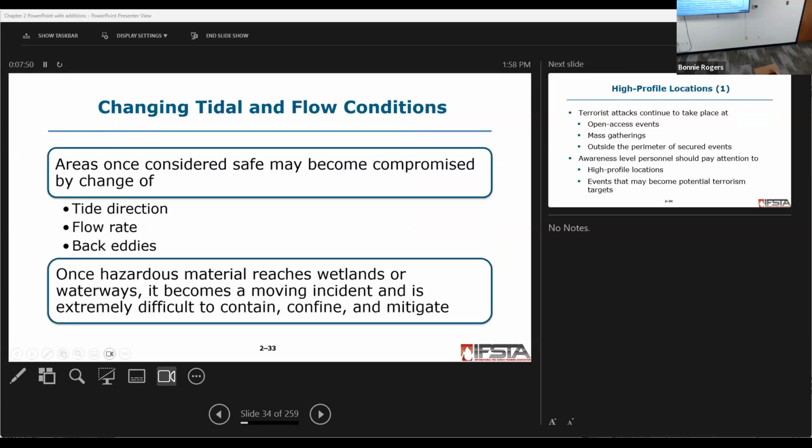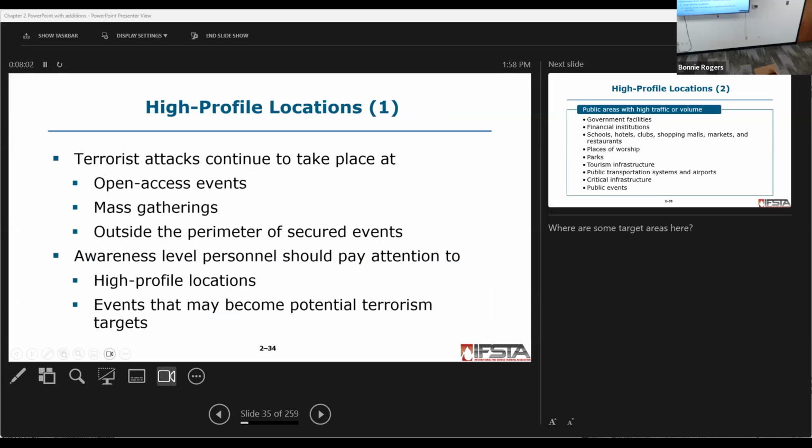This doesn't affect us really, but in coastal areas, tides can be affected. High profile locations, this is specific to weapons of mass destruction.